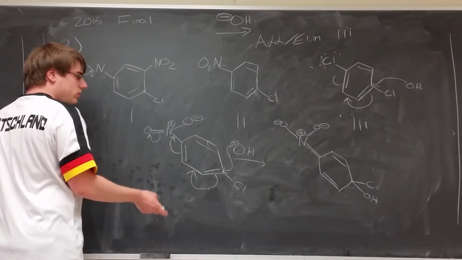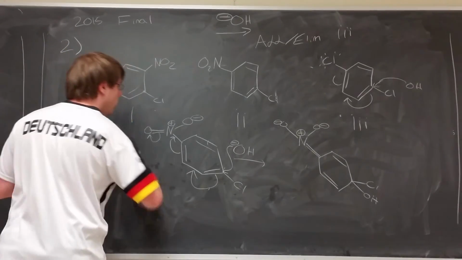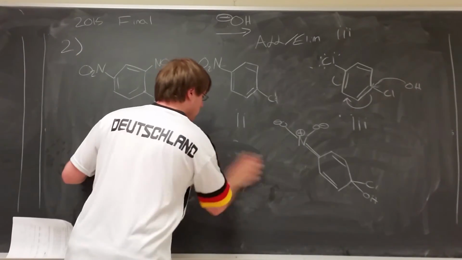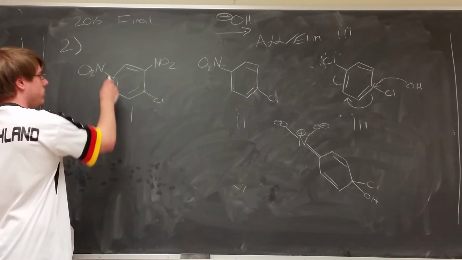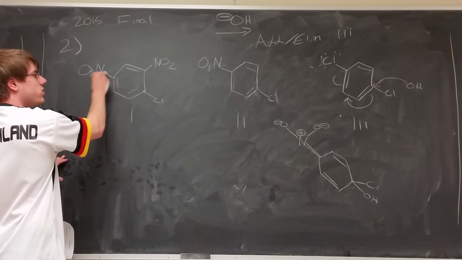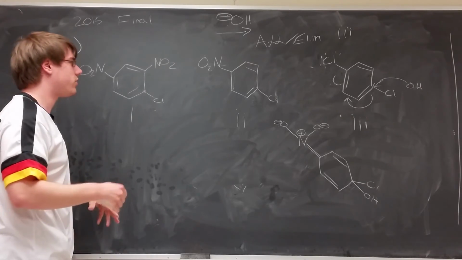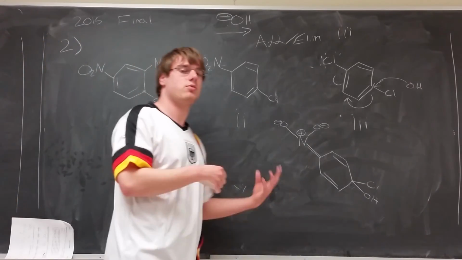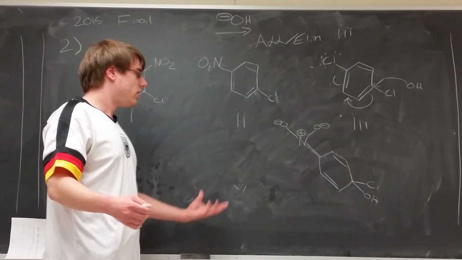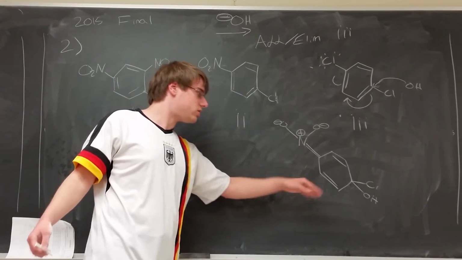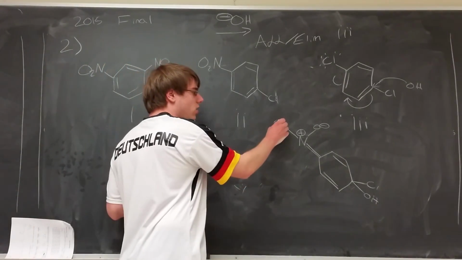So in the case of 1, we have 2 separate NO2s that you can resonate with. And so 1 would be significantly better than 2 for that reason, because the anion you make, the intermediate you make, is more stable.